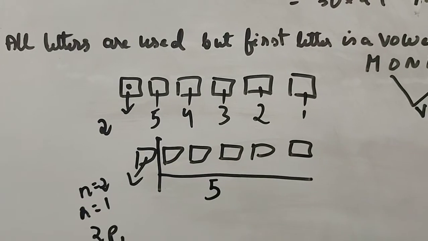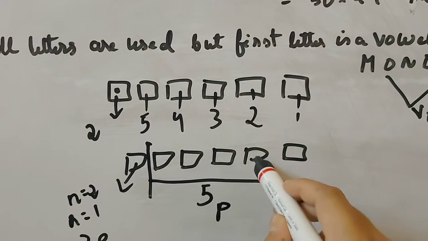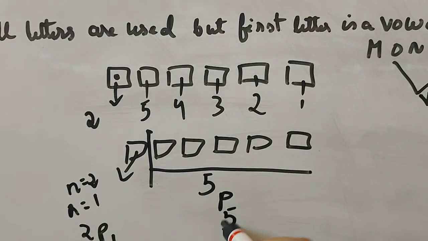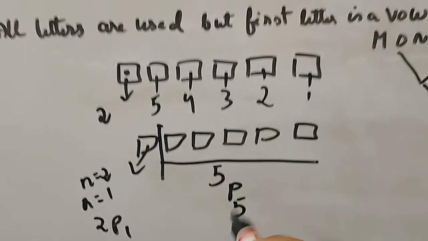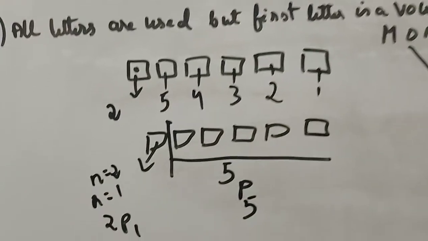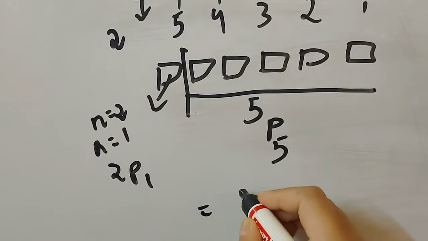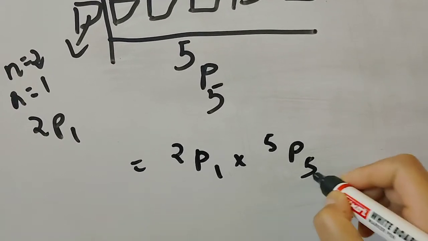So n is 5 and my r also will be 5. So the total, I am doing it as a shortcut, will be 2P1 into 5P5.